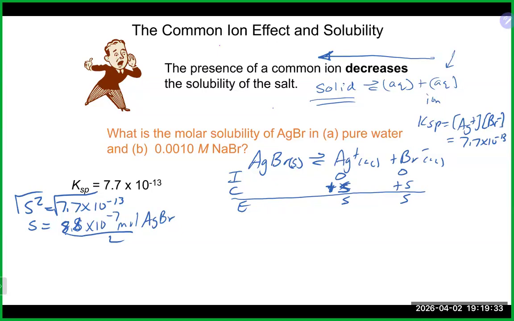If we want to know what that is in grams per liter, we'll take 107.9, which is silver's molar mass, and 79.90, which is bromine's, and we will times it by 187.8.